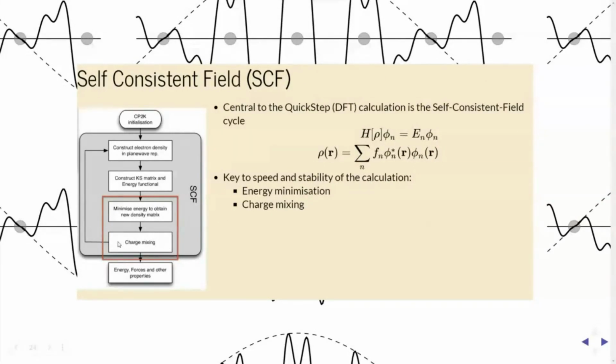We possibly mix together the old guess at the density and the new guess at the density in some ways, and then we keep going round in a circle, and if things go well, the energy of the system will be dropping down, and eventually the density will not change. So it's a fixed point problem. The density we put in is the density we get out, or numerically close enough, and we decide we're at convergence.